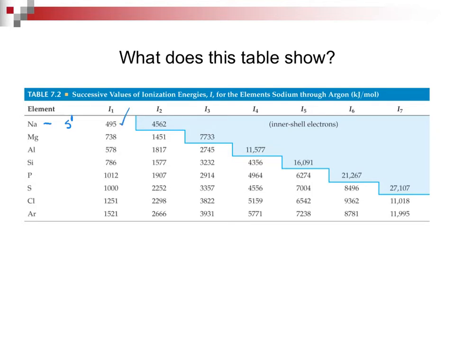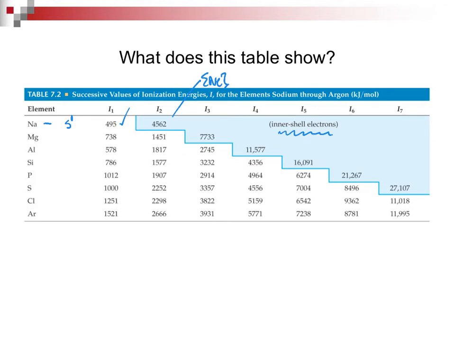What's happening when I'm trying to take away that next electron? Well, I'm trying to take that electron away from a neon core. It is a full shell. It does not want to give up an electron. And that's why these are labeled inner shell electrons. So that would be the values for sodium.